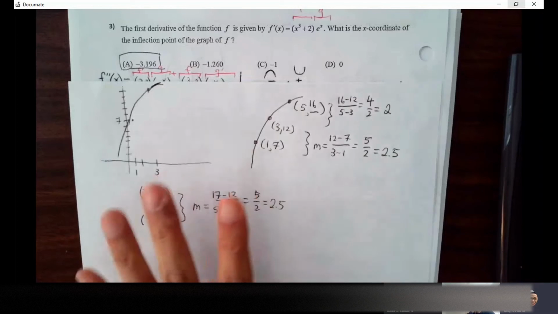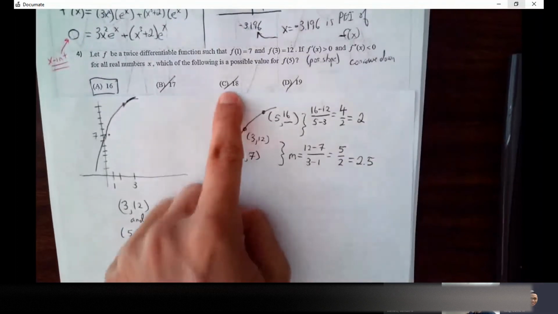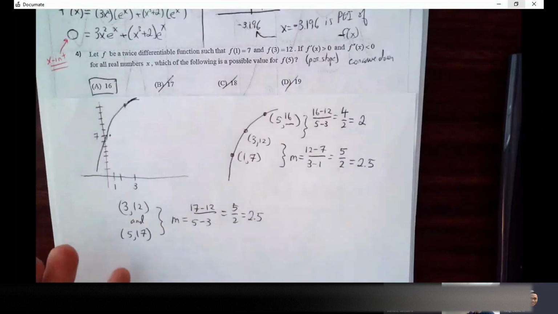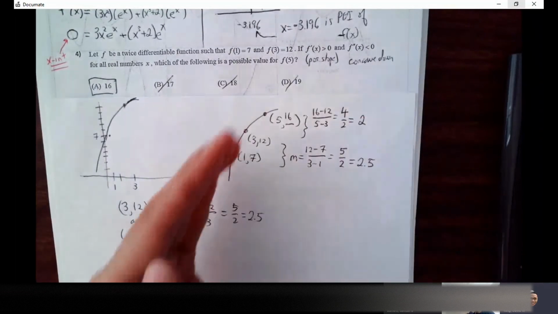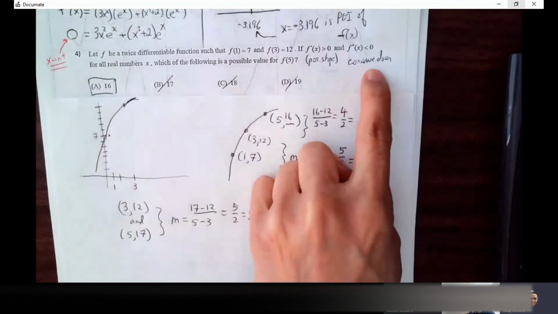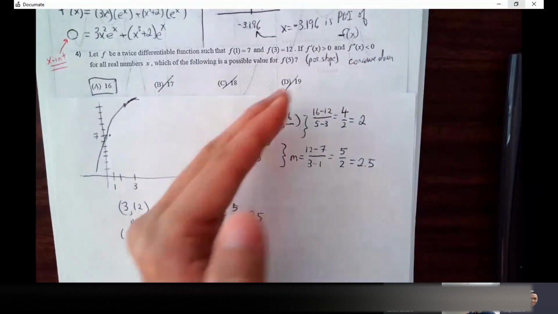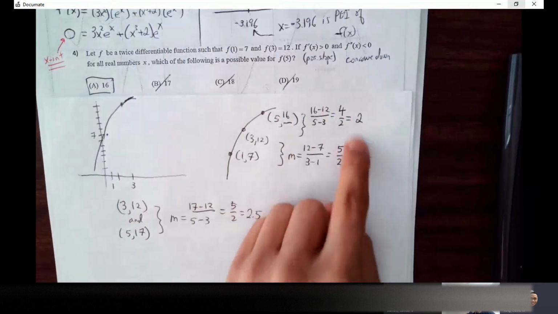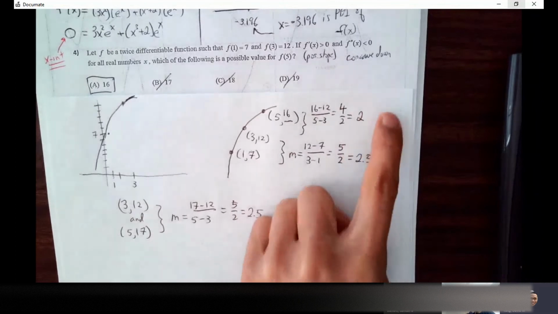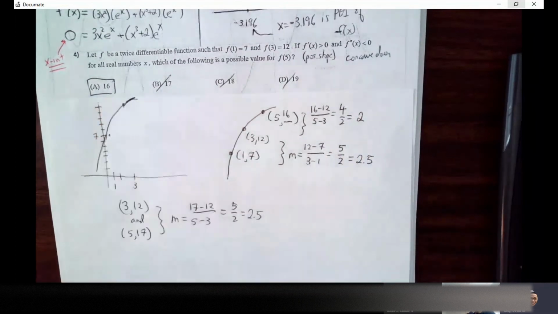If I try it at 18, I'm going to get like 3. If I try it at 19, I'll get like 3.5. So the only thing that's going to maintain that reducing of my slope value, to get that concave down, the only choice is 16.